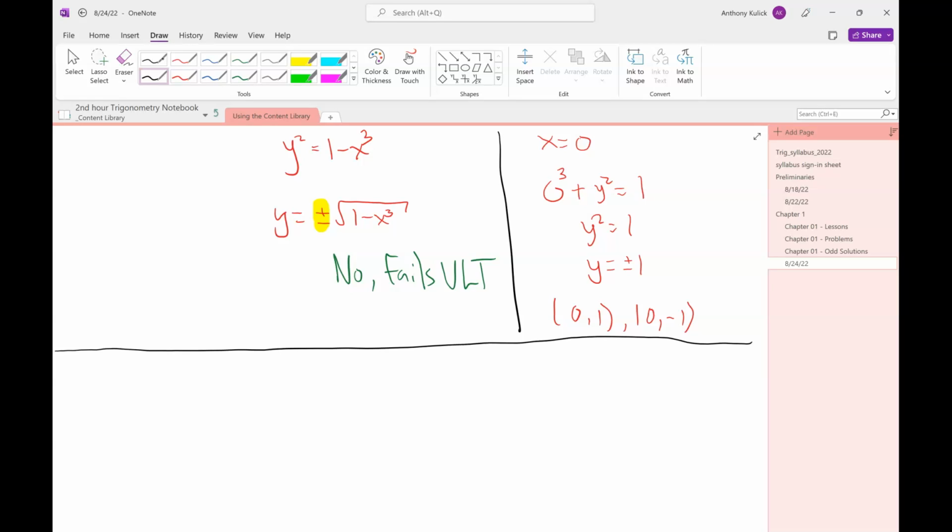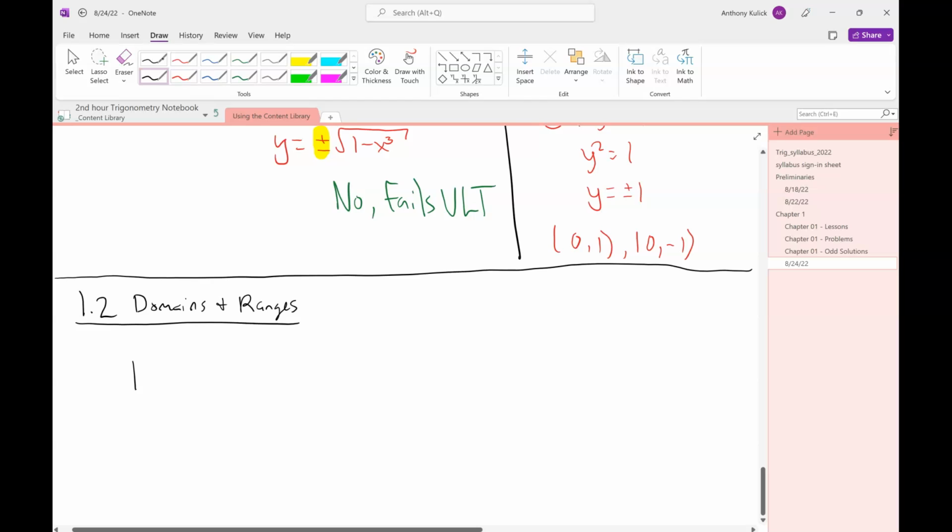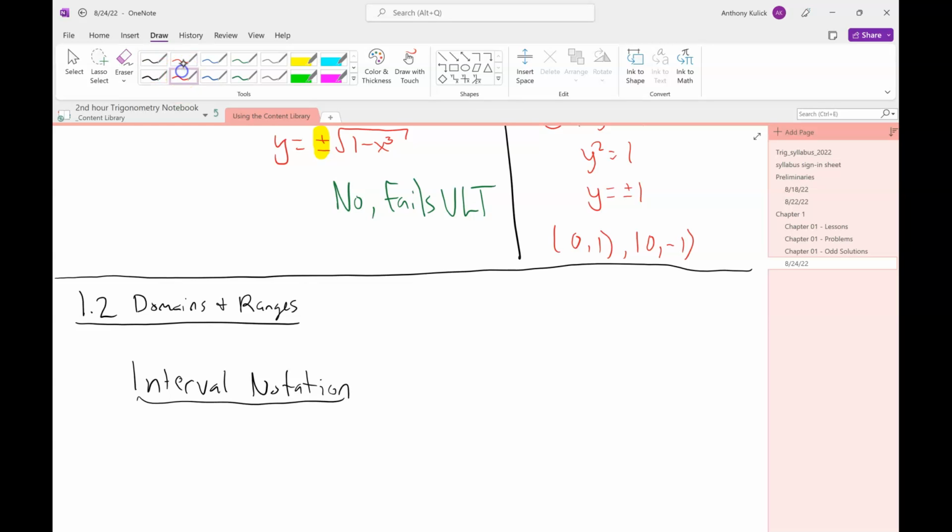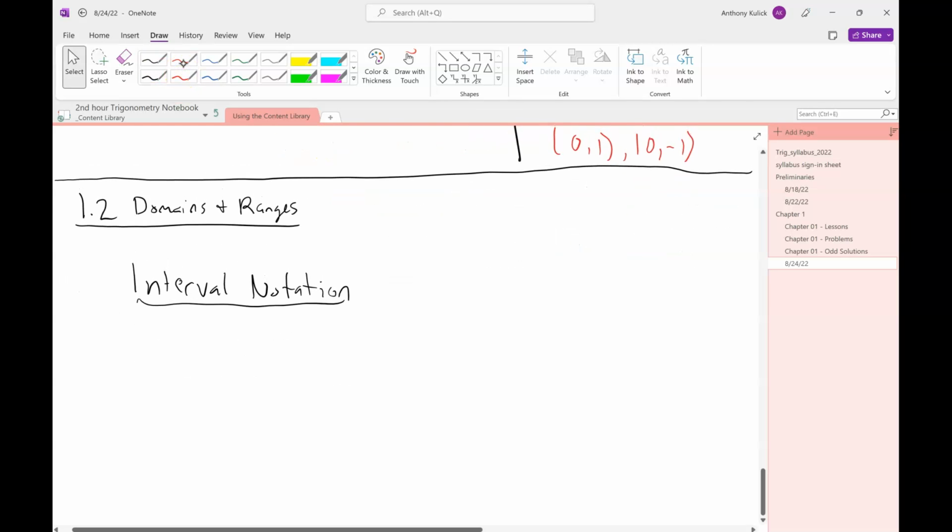Our next section is about domains and ranges. But before I talk about domains and ranges, I want to go back and talk about interval notation. This was also something you should have used in your Algebra 2 class. Do you guys remember talking about interval notation? Okay.